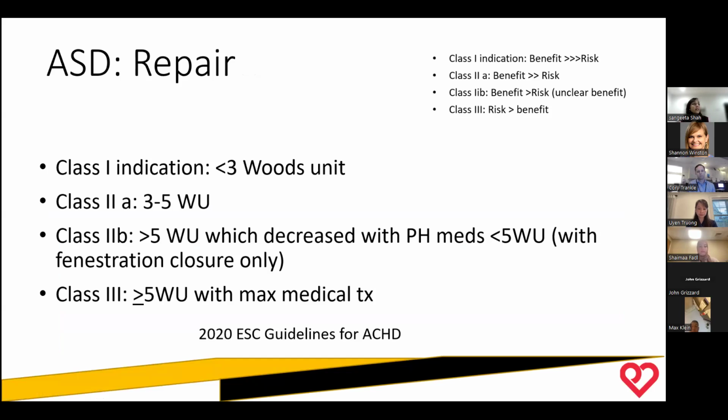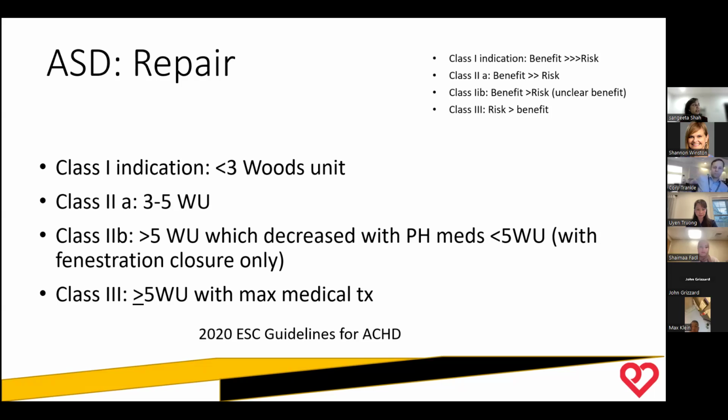So ASD repairs, and I put this in the right upper quadrant, it's class indications just for people to visualize it. If you're at less than 3 Wood units, which is your PVR, go ahead and close it. If it's 3 to 5, it's a class 2A, which is there's a benefit greater than the risk.